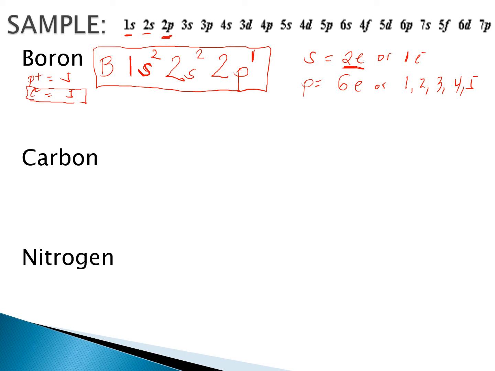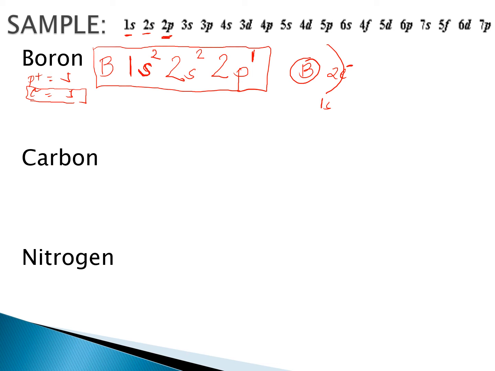Okay? So, ayan. Now, let's draw the half shell diagram of boron. So, let's have here the boron nucleus. So, this is our first energy level, 1s. How many electrons does it have? So, there are 2 electrons. Or you write down there 2.